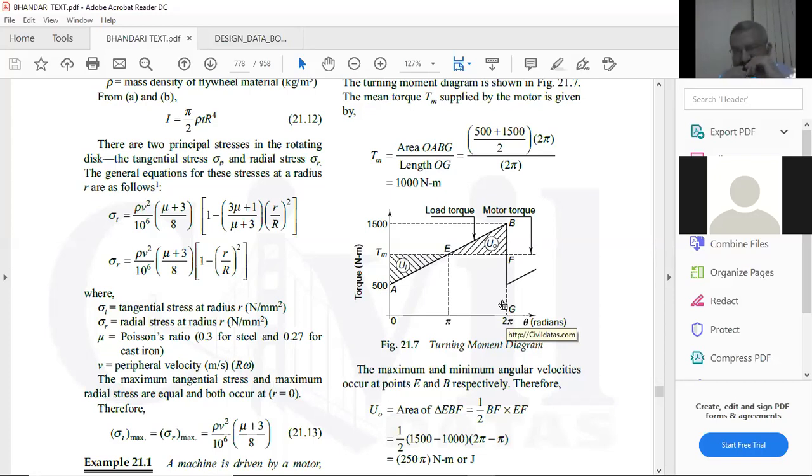Now to find the area of OABG, here they have taken the direct formula, just forget it. We will do another method.